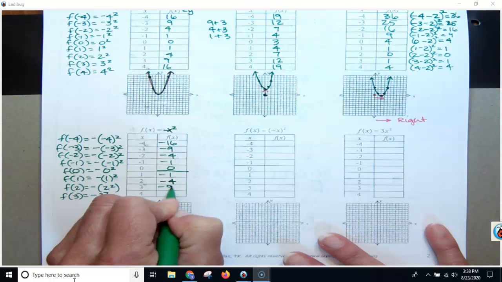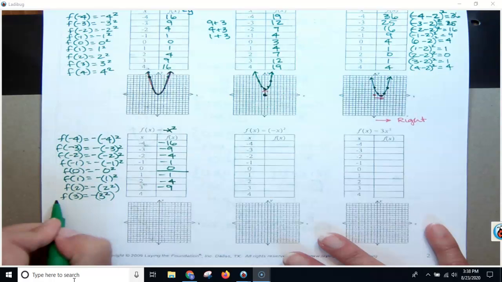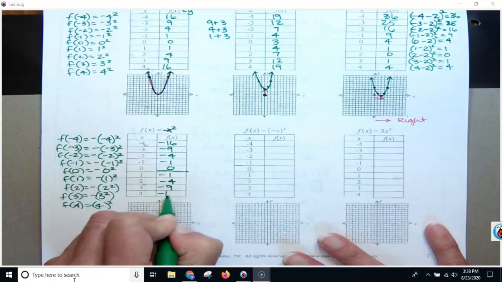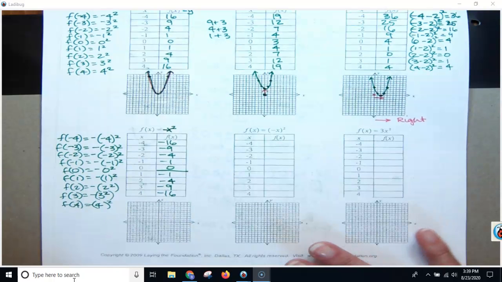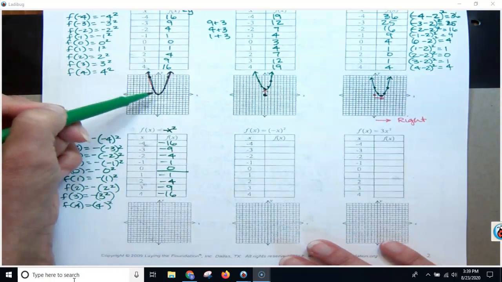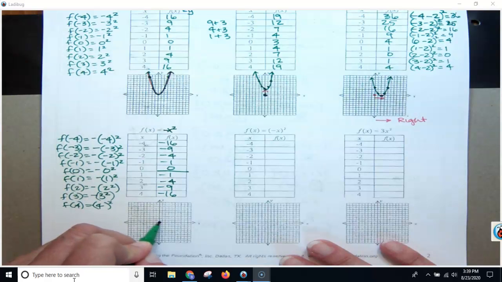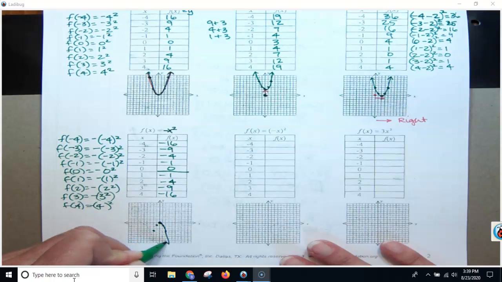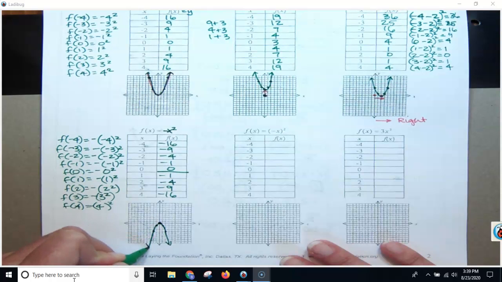So it's going to be negative 9 and negative 16. Okay? So when you have that, basically you graph that. Your vertex is going to be at 0, 0, then 1, negative 1; negative 1, negative 1; 2, negative 4; negative 2, negative 4; 3, negative 9; negative 3, negative 9. And it's going to look like that.